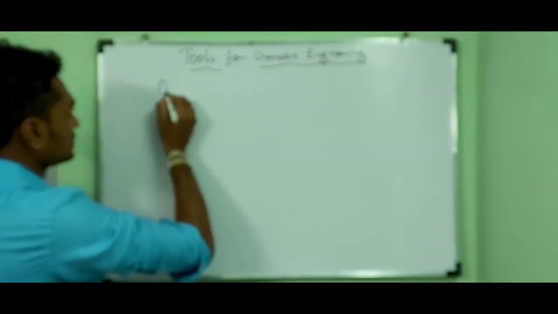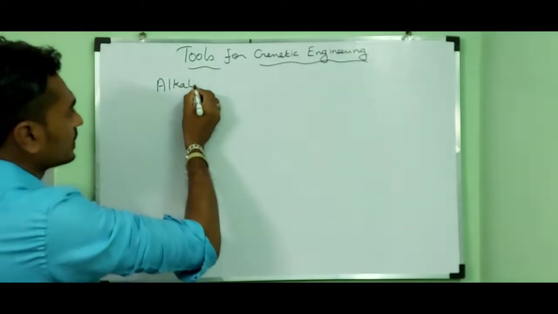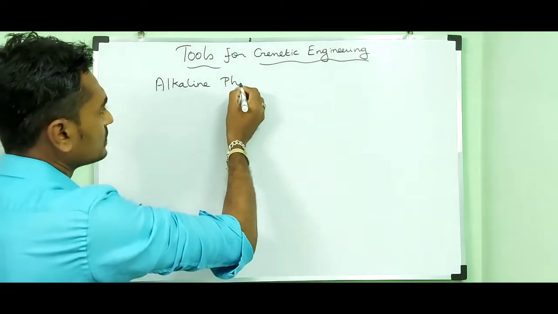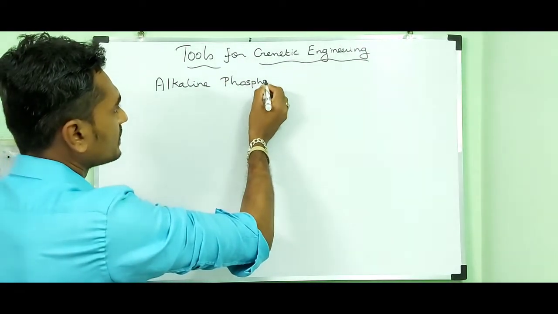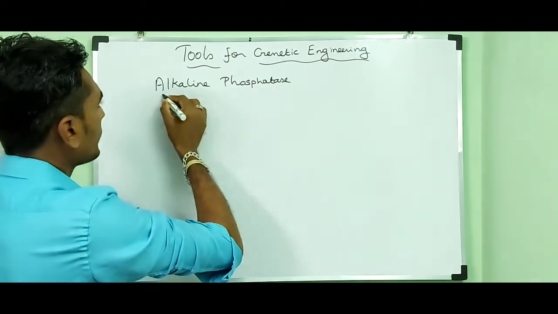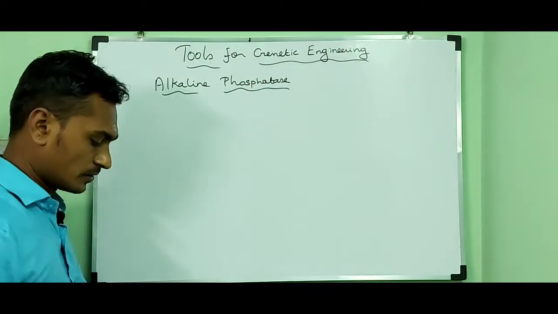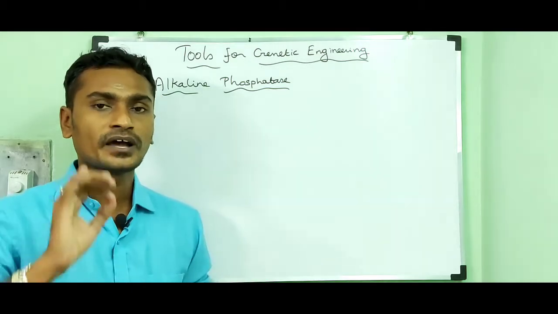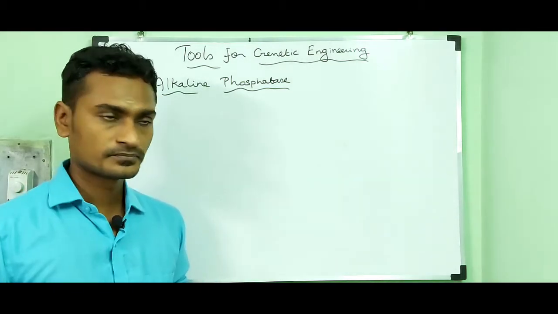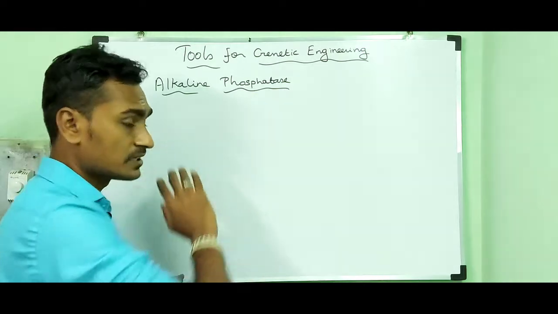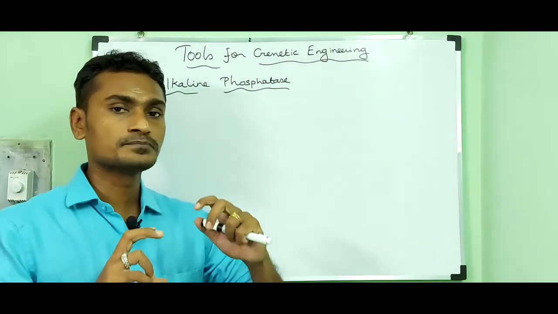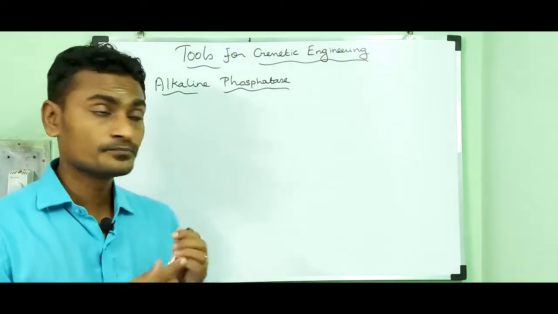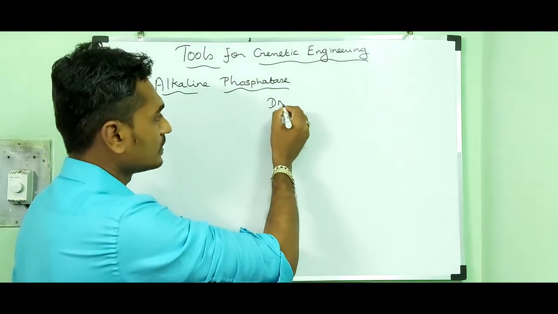Alkaline phosphatase enzyme first. So, alkaline phosphatase is an enzyme which is used to remove 5' end phosphate. Alkaline phosphatase is an enzyme which can remove the 5' end phosphate from DNA and RNA.